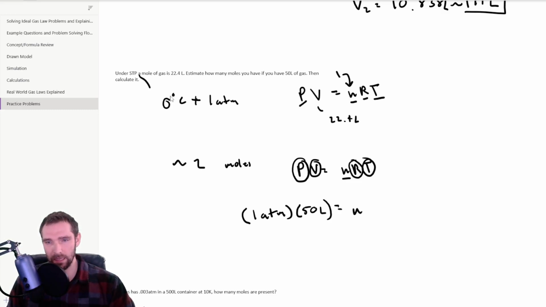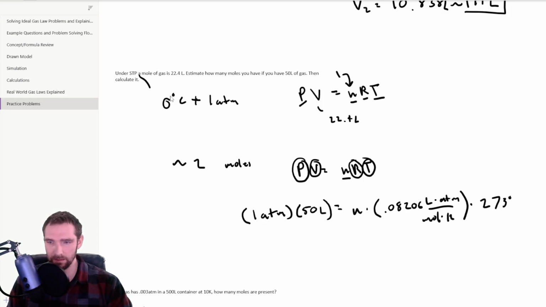And then we've got n, which is going to be multiplied by 0.08206 liter atmospheres over mole kelvins. And then that was going to be times 0 degrees Celsius, which is 273 kelvin, right?